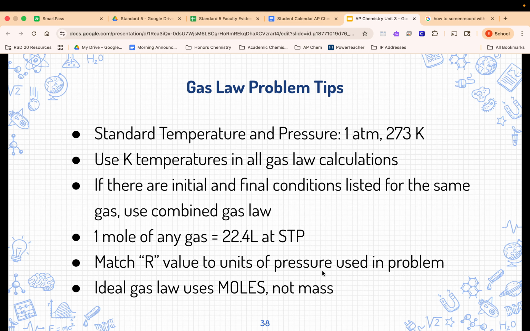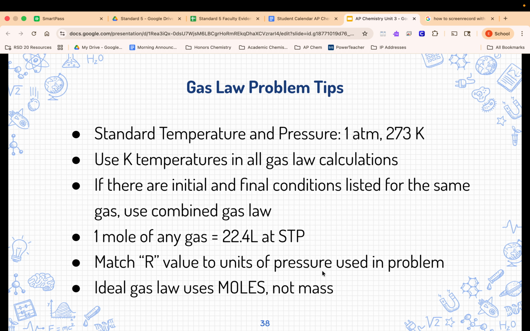If you need to convert from Celsius to Kelvin, remember you take your Celsius temperature and add 273 degrees. If there are initial and final conditions listed for the same gas, you use the combined gas law. If you have 1 mole of any gas at STP, it equals 22.4 liters of volume.